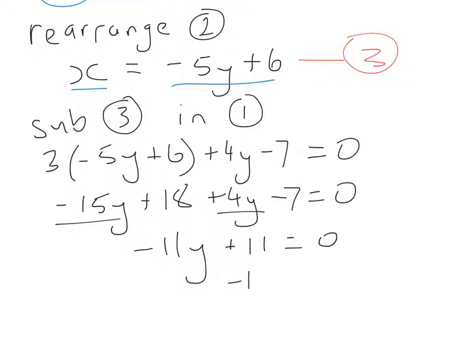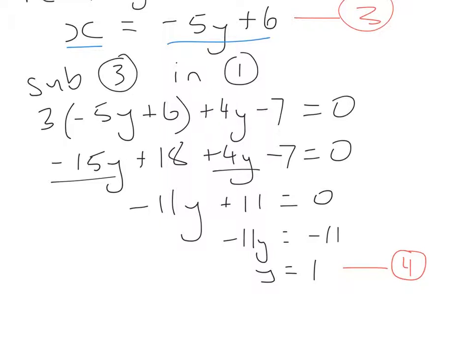Take away 11 from both sides, and divide by minus 11, y is 1. And I take my y equals 1, and I put it back into an equation, and I put it back in number 3.